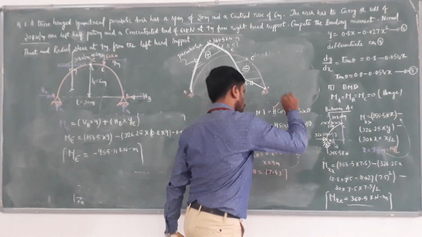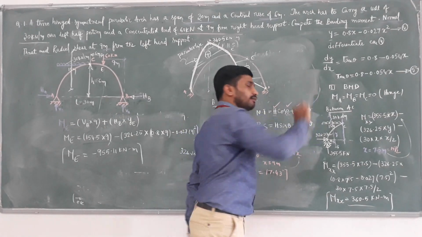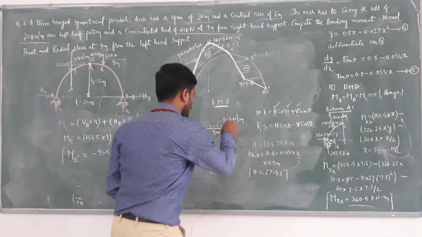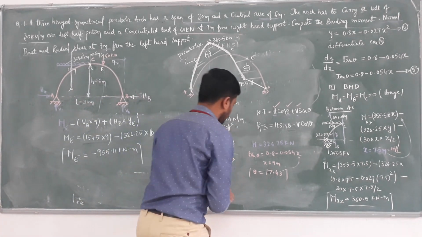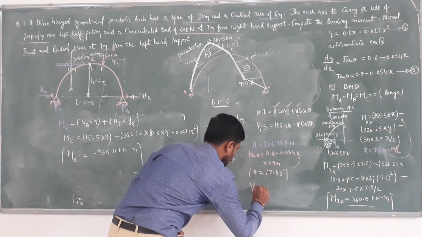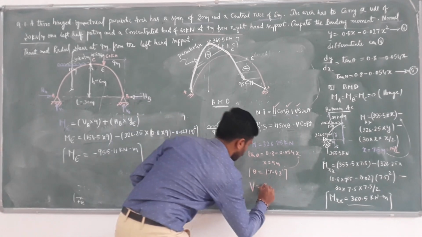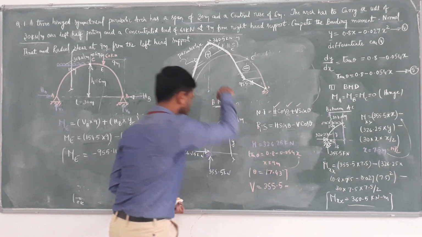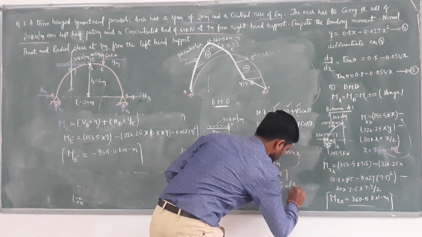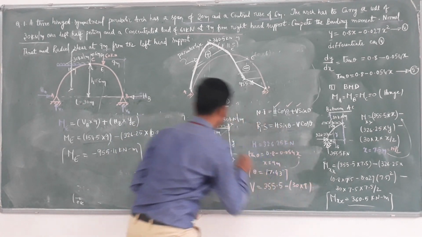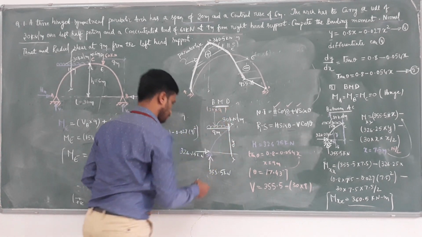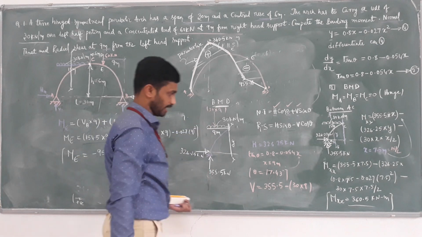We got the H value and the theta value. We require the shear force. V is the shear force at 9 meter. Shear force is very simple: V equals plus 355.5 minus 30 into 9. You just reduce the UDL into a point load, 30 into 9.